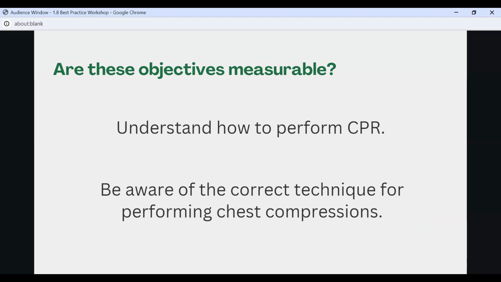Yeah, go ahead. I don't think that they are measurable because we have no way, well, we can, I suppose, give an examination and see if someone understands how to perform CPR, or we can ask them to do it. But if that's the case, then the objective ought to be better stated, accurately perform CPR rather than understand it, because really, reaching into their head, there's no way to really measure or observe if they understand it, other than to just have them do it.